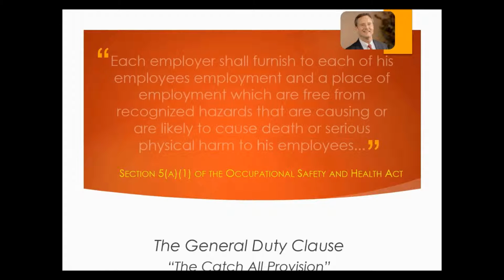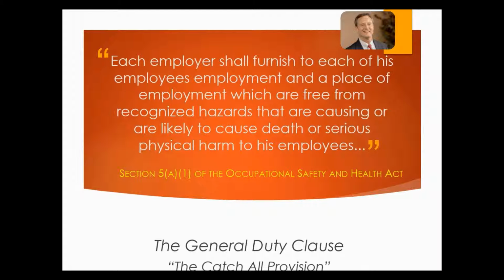So, why this catch-all provision? What is this General Duty Clause you've heard so much about? What does it say? Well, it's found in Section 5A of the Occupational Safety and Health Act. It's on your screen.